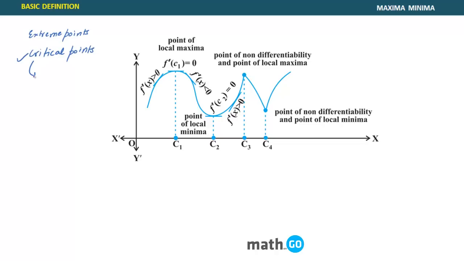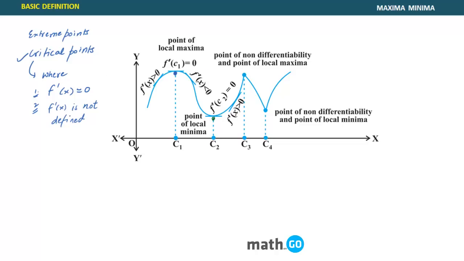Critical points are those points where f dash x is equal to 0, that is, roots of f dash x are critical points, or f dash x is not defined. In both these cases they are critical points. I'll explain with the help of the diagram that I have taken on my page. For example, here you can see that at this particular point the slope is parallel to the x-axis, so this is a critical point.